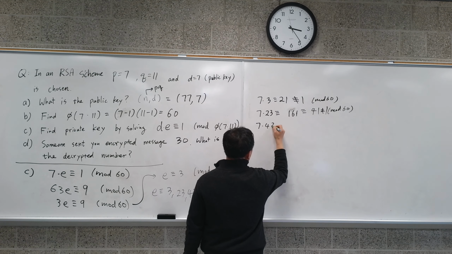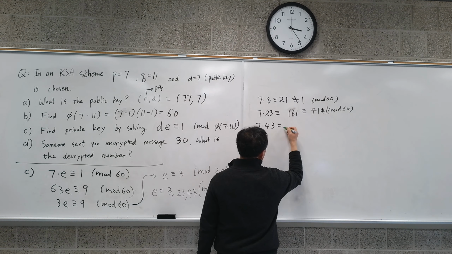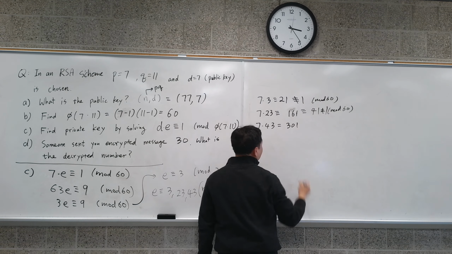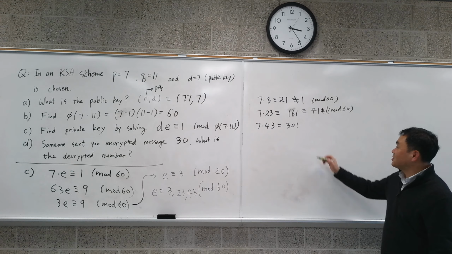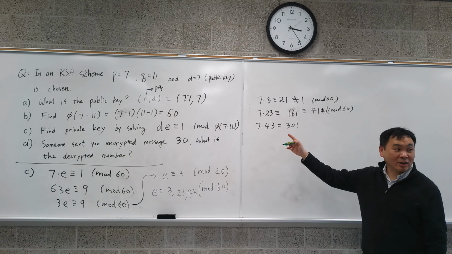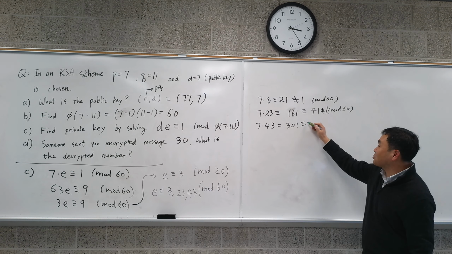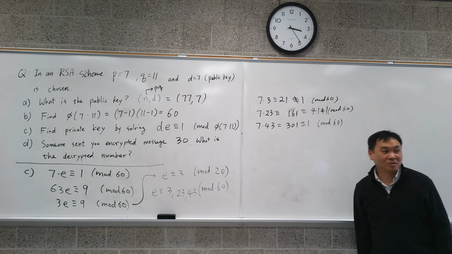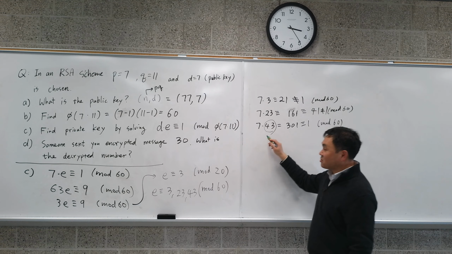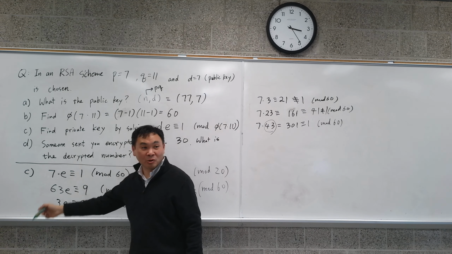7 times 43 is 301, right? And see, 60 times 5 is 300, so that does work. So we see that 43 is the solution to this, right? 43 is the secret key.